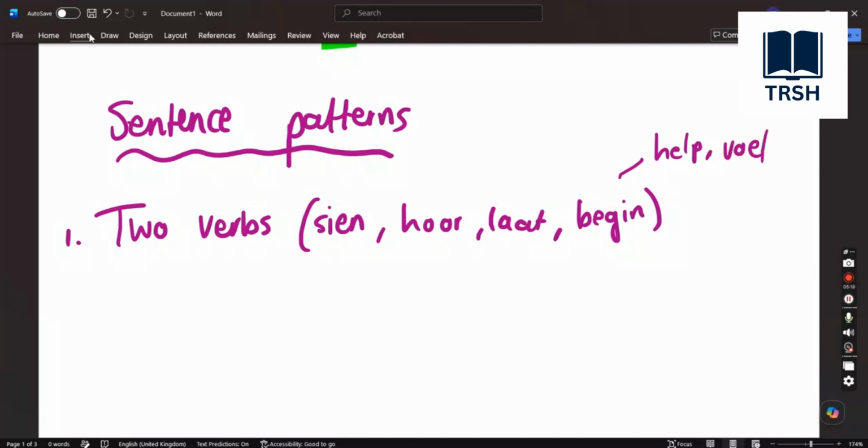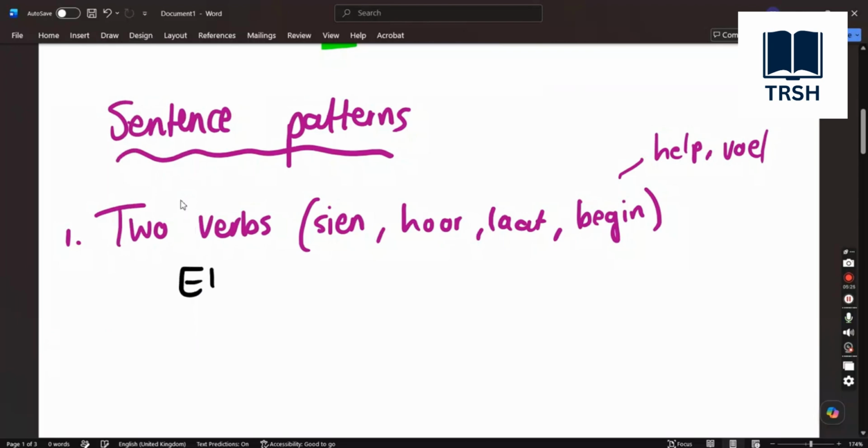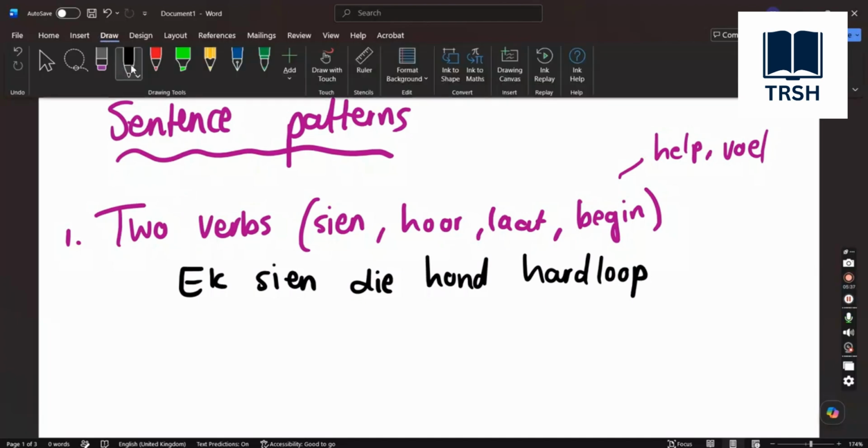So if our sentence is ek sien die hond hardloop, you should be able to identify that we have two different verbs.